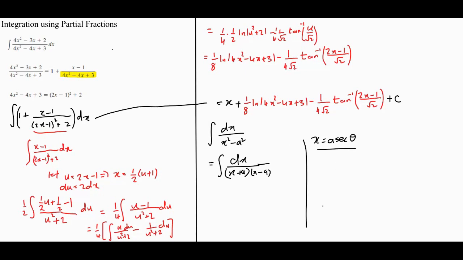For instance, if I proceed on the side, we're talking about 1 over x plus a into x minus a, then the partial fractions would be A over x plus a plus B over x minus a. And then, of course, we proceed, and that's going to be equal to A into x minus a plus B into x plus a.